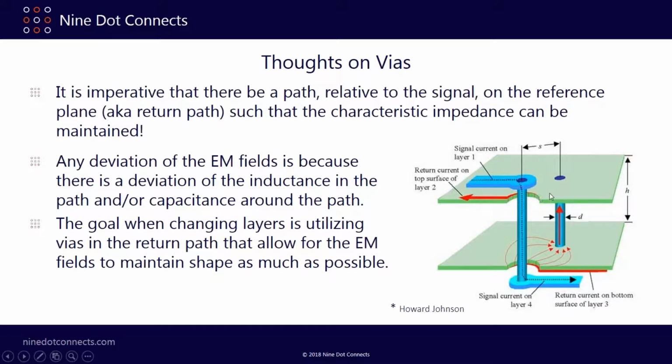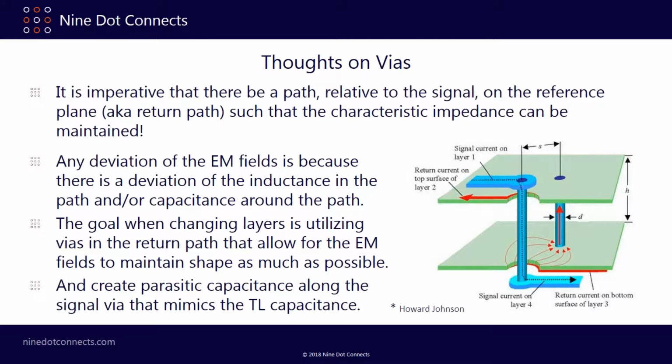And then consequently, you also want to make sure that you tie the reference planes together with this over here so that you have a path for the return, and therefore you've created inductance here. The goal is you want to mimic in the via situation the same capacitance and inductance that you have in your actual transmission line.